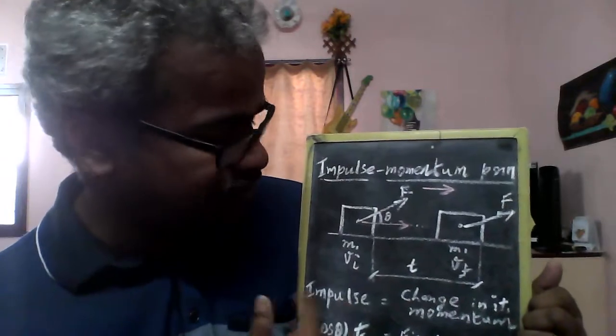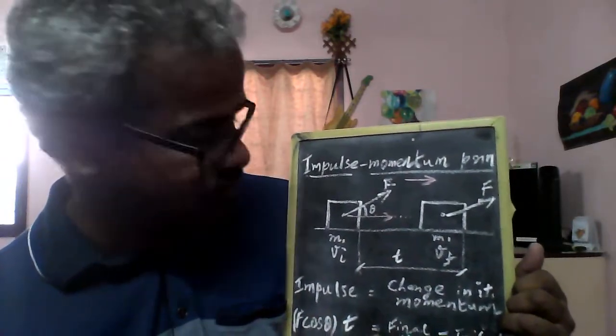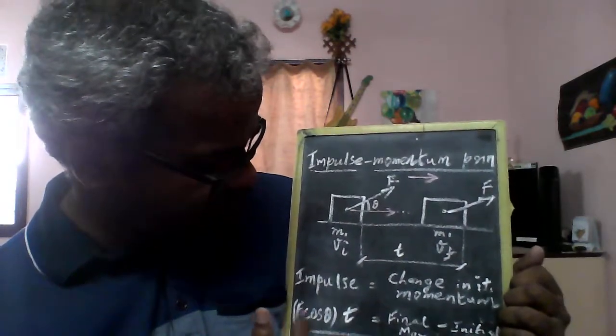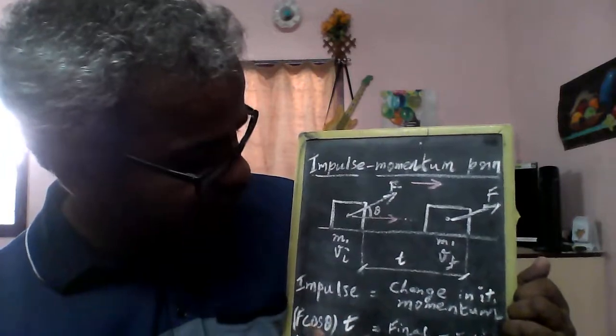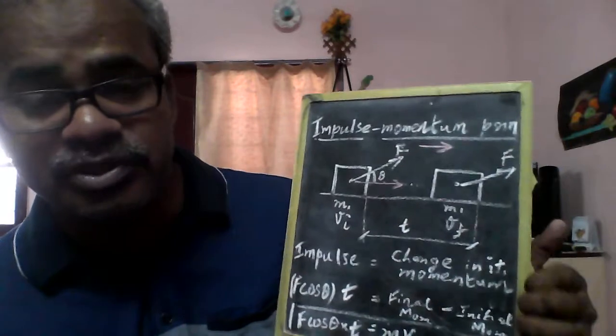That is, force into time. If you multiply force into time, you will get an impulse. So the impulse momentum principle says that force into time is equal to the change in its momentum.